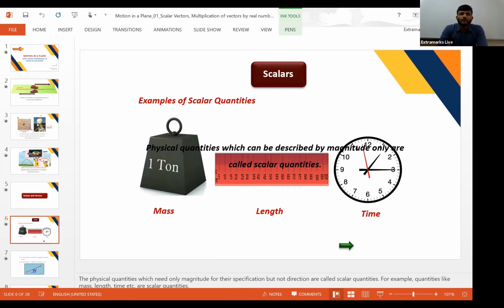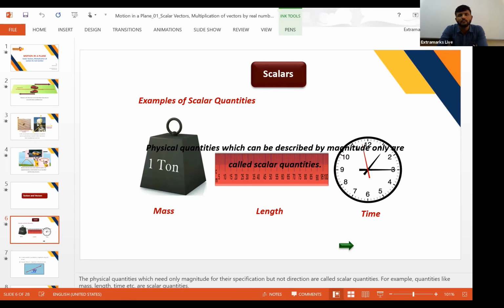But if you are walking or moving your vehicle, then you will say I am moving with a speed of 5 km per hour or 10 km per hour. And if you add the direction to it, that 5 km or 10 km per hour in the north direction, south direction, northwest, or any direction, if your final destination is known, then you are adding direction to the quantity.